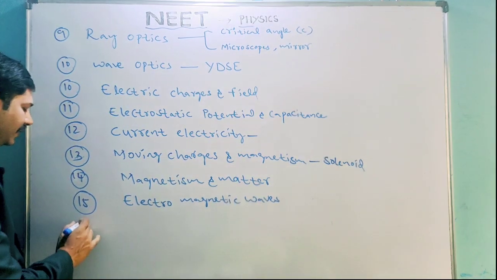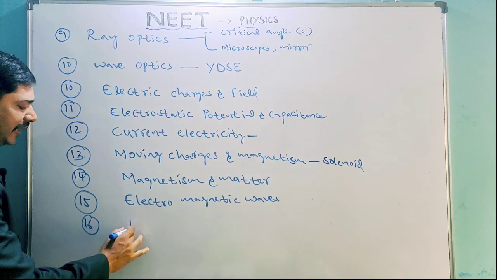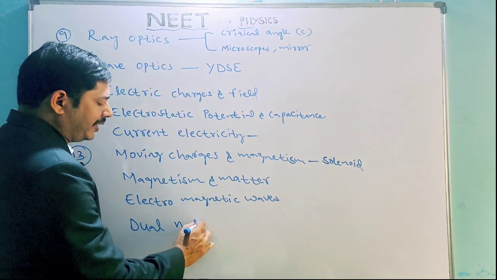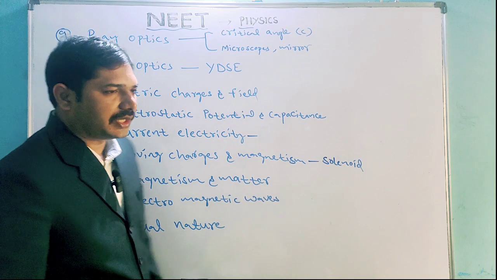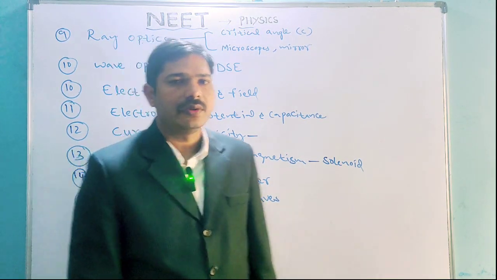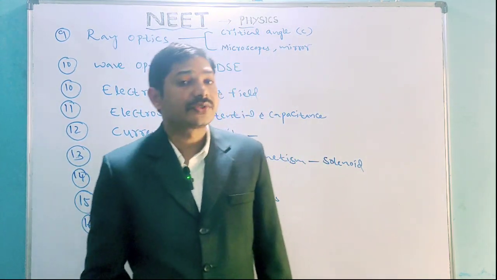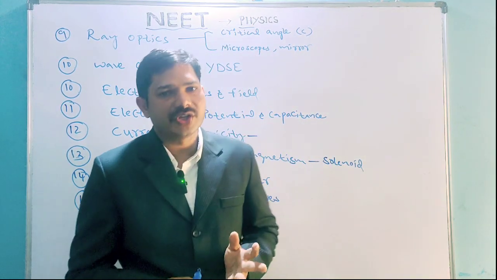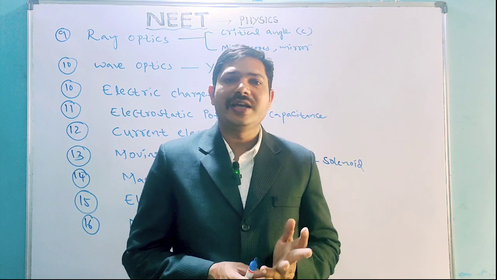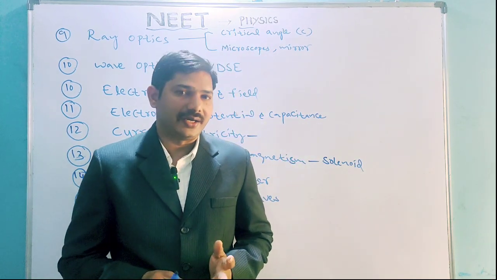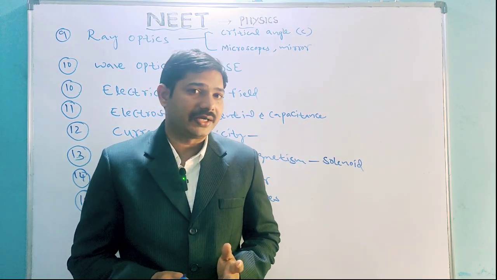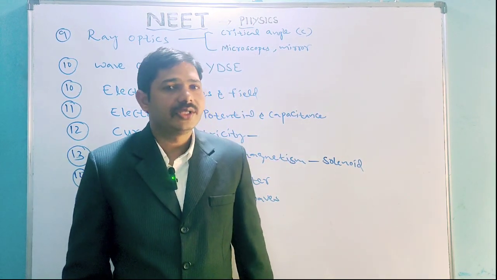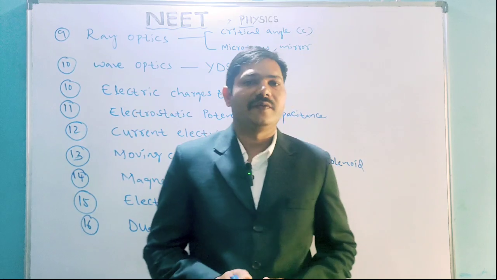Then the 16th one, dual nature. These are the scoring chapters, from dual nature onwards. Modern physics, like dual nature, atoms, nuclei, semiconductors, including logic gates, all come under modern physics.